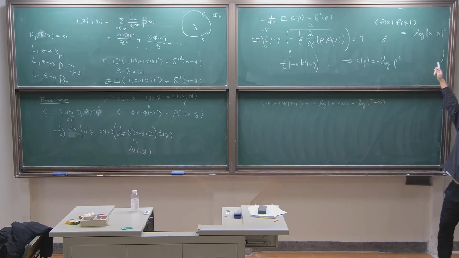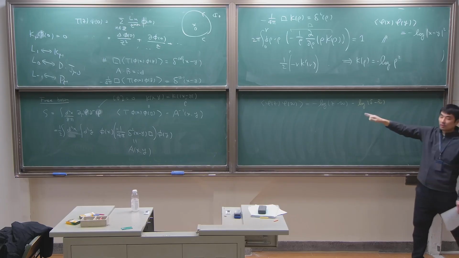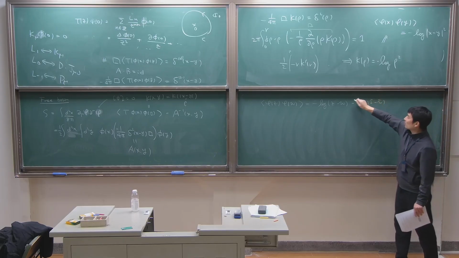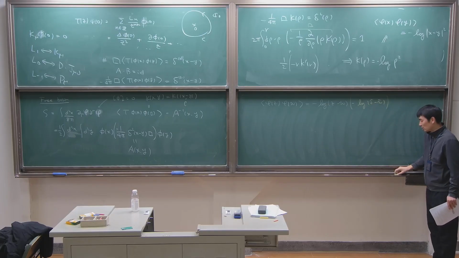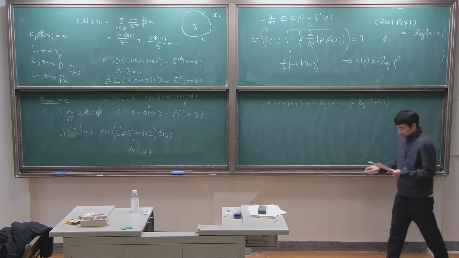At the end of the day, you get this absolute value squared. So if you multiply them together, you get the absolute value squared. But I'm not going to include this one. I will forget about the anti-holomorphic part because it's analogous.